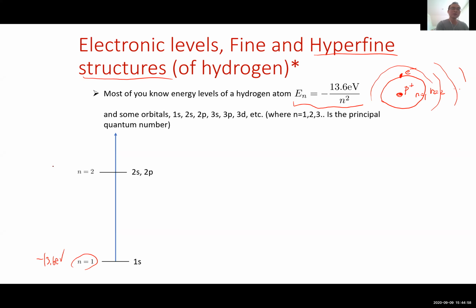This is minus 13.6 eV over 4, okay? So n equal to 1, and you know from chemistry, there's an orbital 1s, n equal to 2, you have 2s and 2p, right? And in this simple Bohr model, these two levels are sitting at the same number, so they're called degenerate.